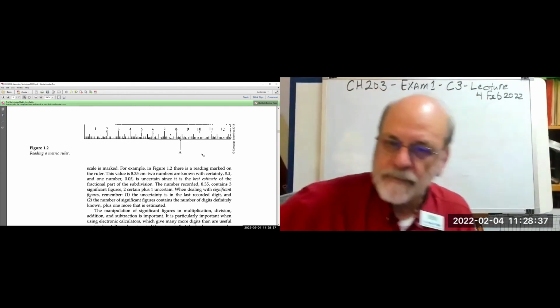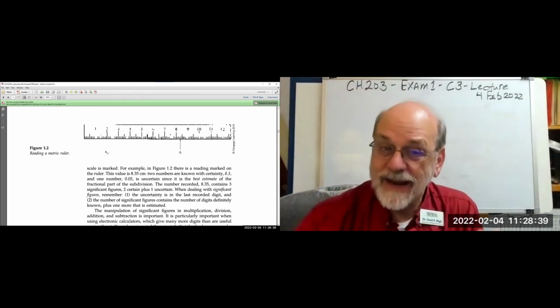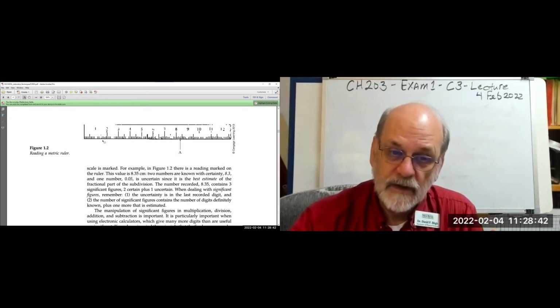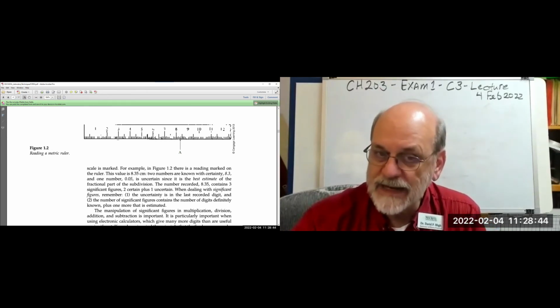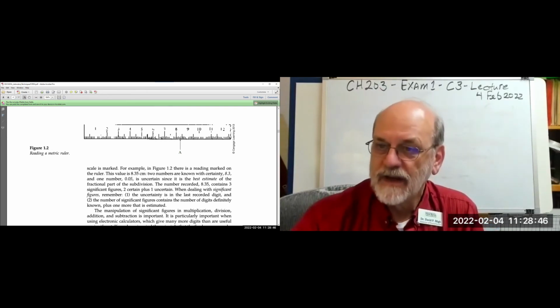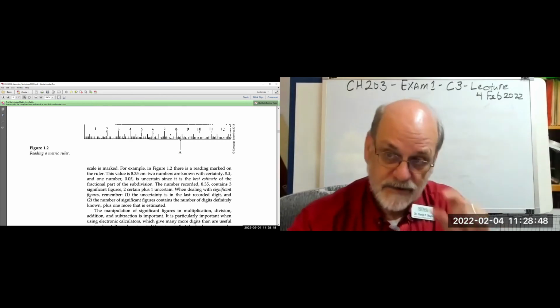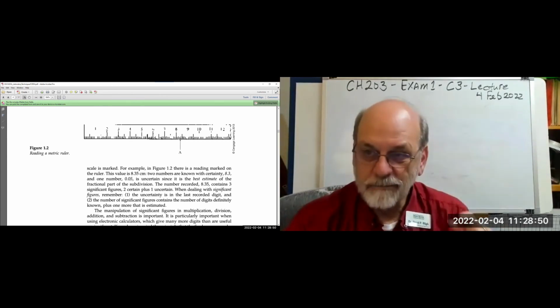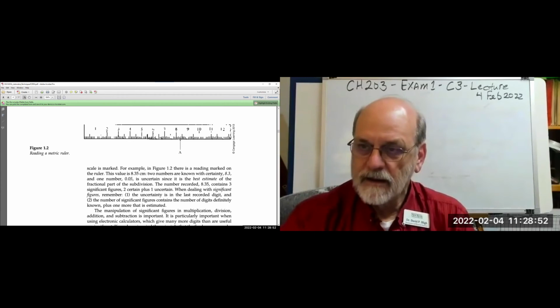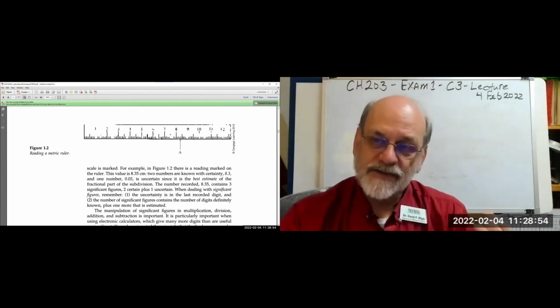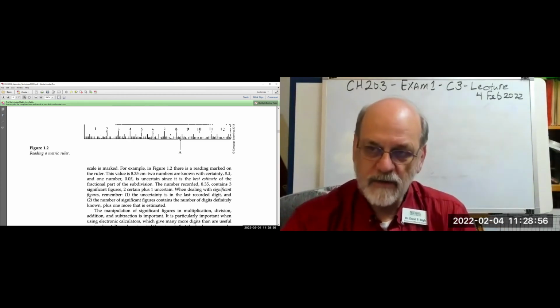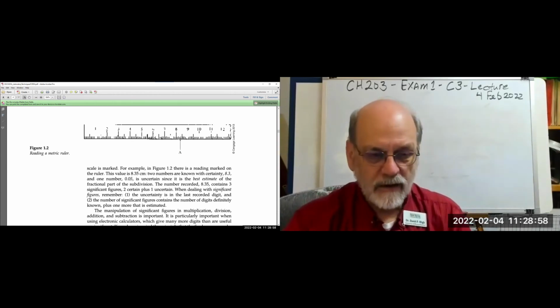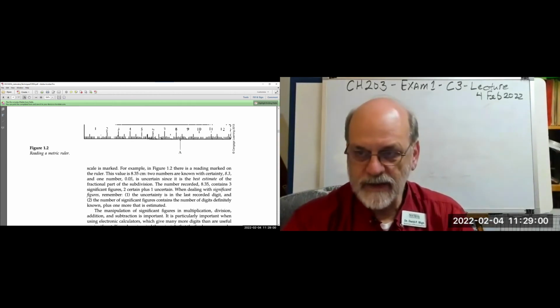So that means these little lines, and you count how many of them are between the two. Well, there are 10 lines between the two big lines. That means each of the tiny lines is a millimeter. Why? Because a centimeter is 1/100th of a meter, and a millimeter is 1/1000th of a meter.